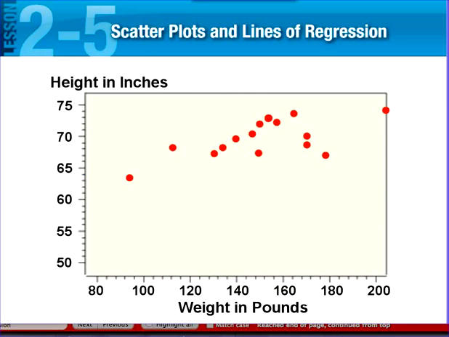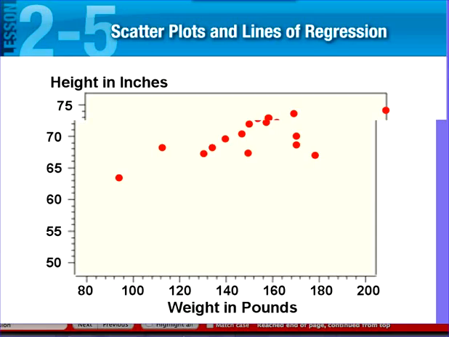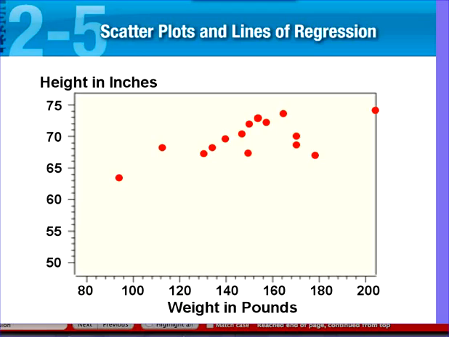Let's go back and look real quick. If I were going to draw a line, what do you think is going to happen there? Am I going to be able to draw a line that's probably going to represent what's going to happen? Yeah, so, if you think about it, I actually think I could probably draw a pretty good line here. And I think the line's probably going to go somewhere about right in right here.